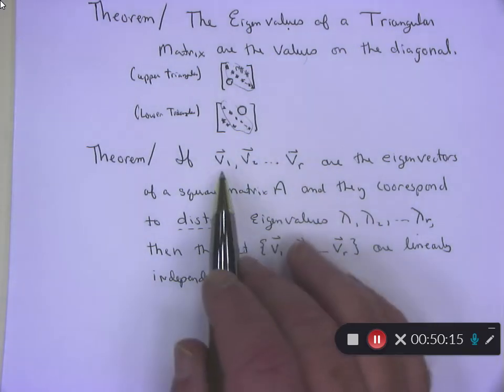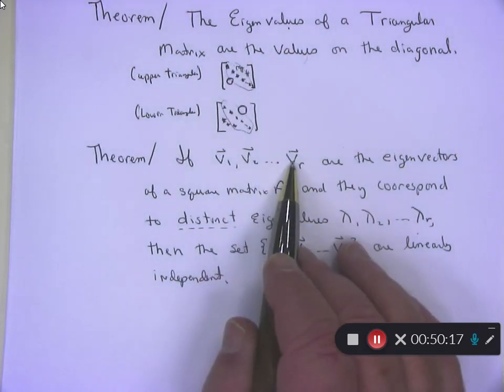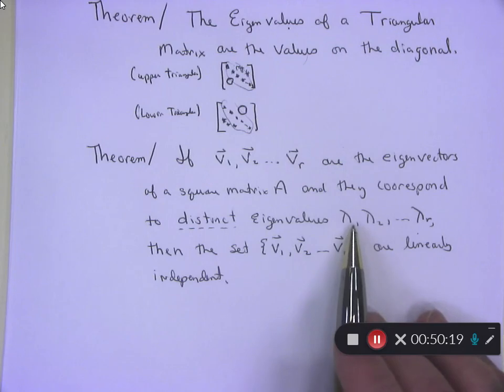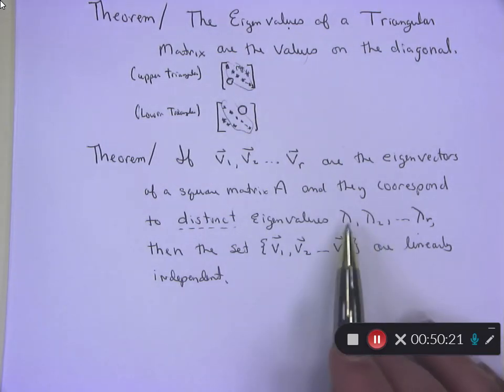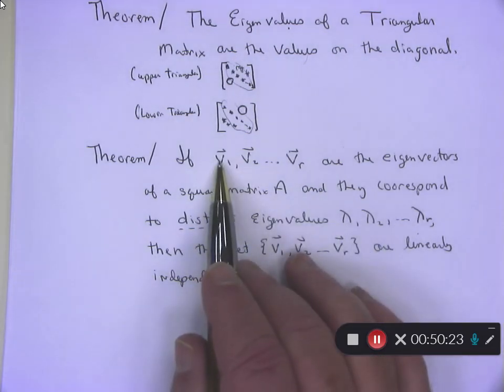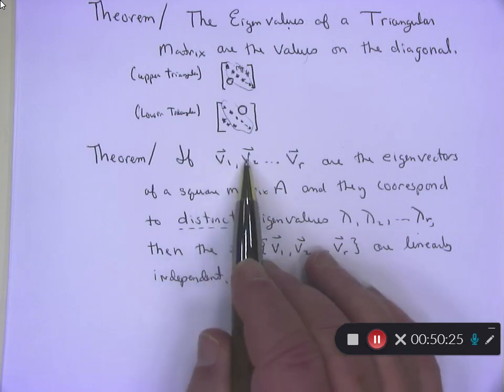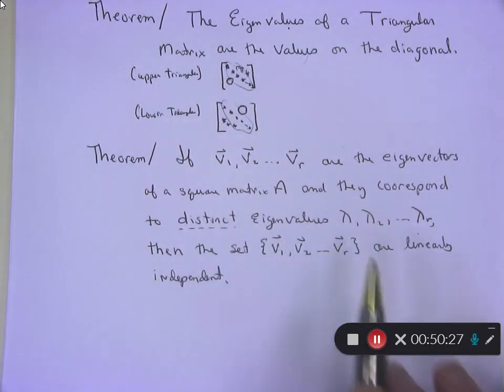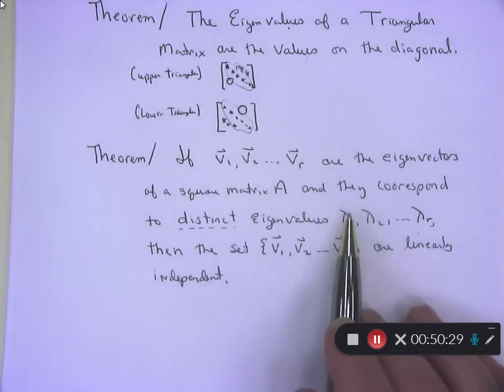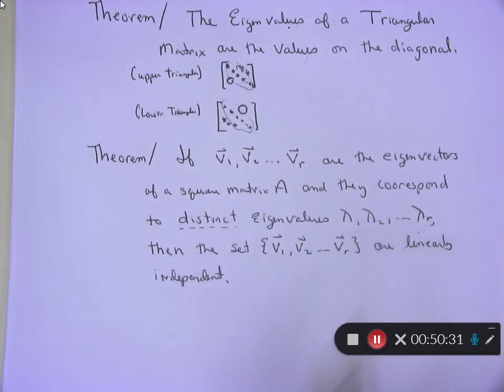If you've got all these eigenvectors, and they are connected to eigenvalues that are distinct, you know, 2 is not the eigenvalue for both V1 and V2. We're not talking about that case. We're talking about every eigenvector having a distinct eigenvalue. Then I can automatically tell you that the set of eigenvectors is going to be linearly independent.